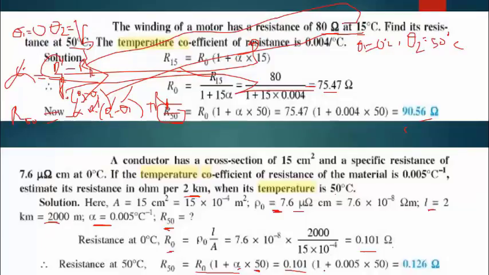You put in the numbers, 0.101, and you get your resistance at 2 kilometers when its temperature is 50 degrees centigrade. The essence of giving you 2 kilometers is to help you use this resistivity and cross-sectional area to find the resistance at 0 degrees centigrade. From there you can proceed with normal answers.